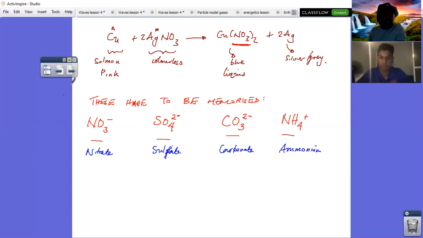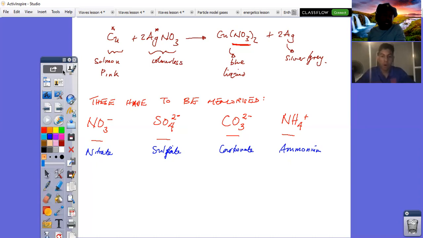Just to give you an example, imagine I wanted to work out the formula for potassium nitrate, or we'll just make it easy, for calcium nitrate. So we write our calcium and we write our nitrate.